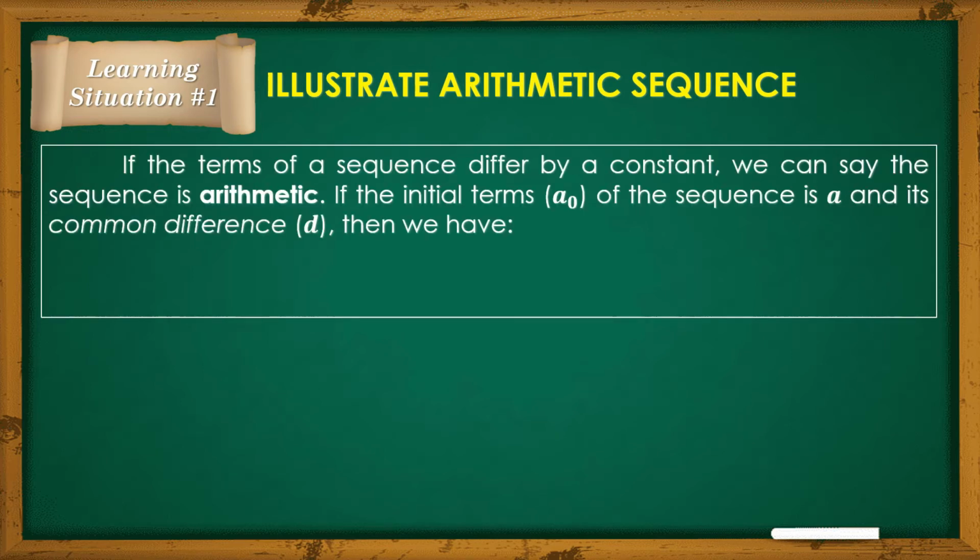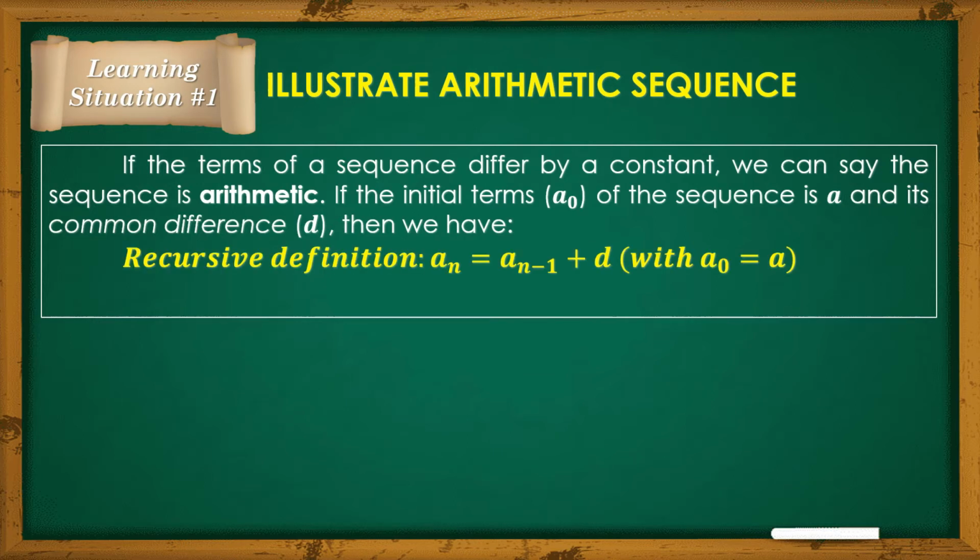Base sa ating arithmetic sequence in our previous module, if the terms of a sequence differ by a constant, we can say the sequence is arithmetic. Differ, ibig sabihin, merong common difference. If the initial term a sub 0 of the sequence is a and its common difference is d, then we have the following.